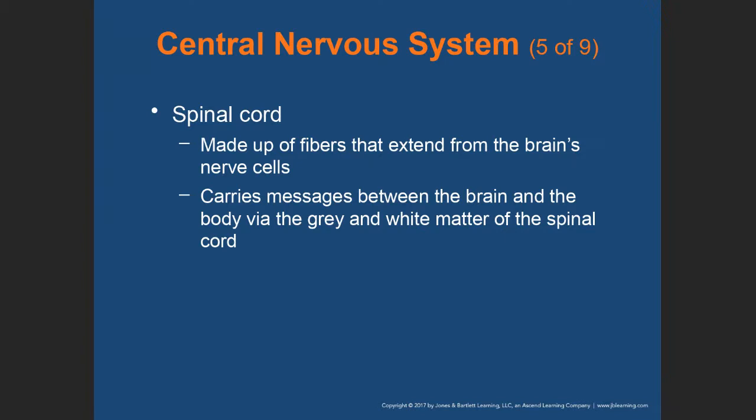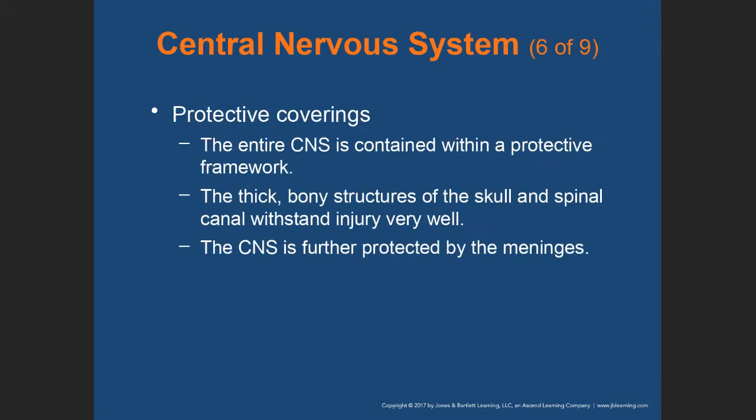All right, so the spinal cord, made up of fibers that extend from the brain's nerve cells, carries messages between the brain and the body via the gray and white matter of the spinal cord. Protective coverings: the entire CNS is contained within a protective framework. The thick, bony structures of the skull and the spinal canal withstand injury very well.